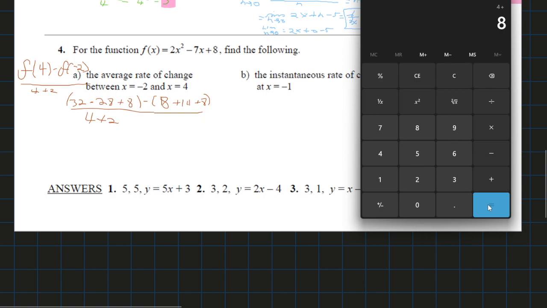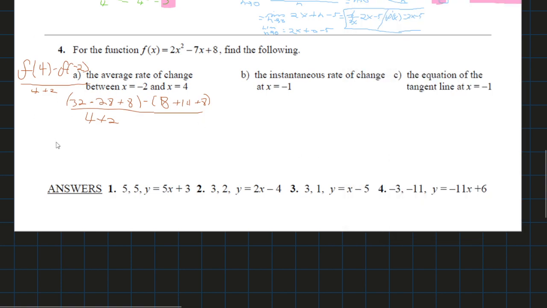So this would be 12 over 6 minus 22, 30, and 18 minus 6, which is equal to negative 3. I did that all mentally.